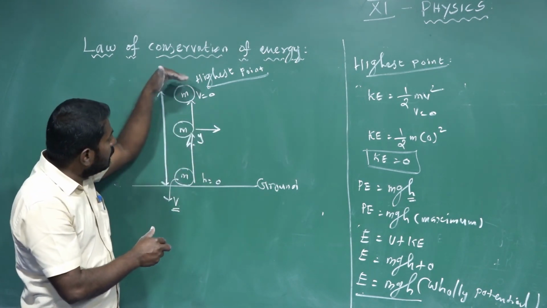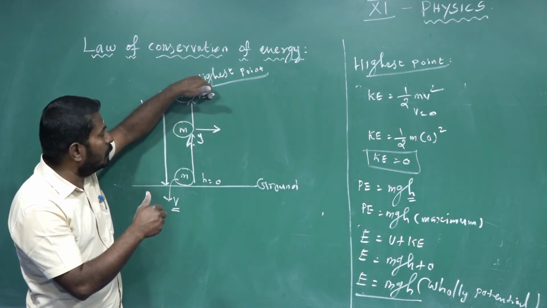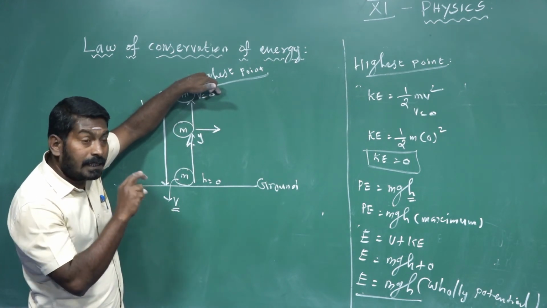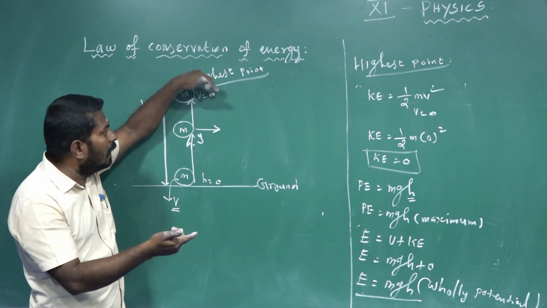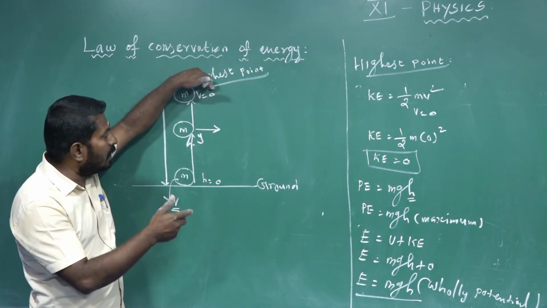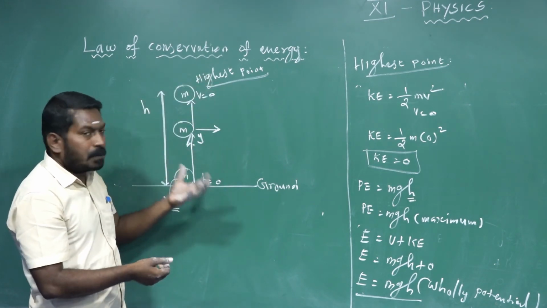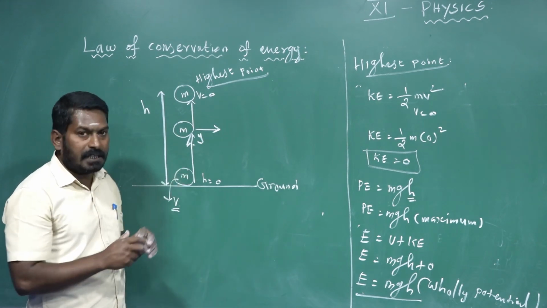Then if the body reaches maximum height, kinetic energy is 0 because velocity is 0. So the entire kinetic energy disappears, and the same amount of energy reappears in the form of potential energy. At the highest point, the total energy of the isolated system is wholly potential. It can be explained on the basis of freely falling bodies also. So this is the law of conservation of energy.